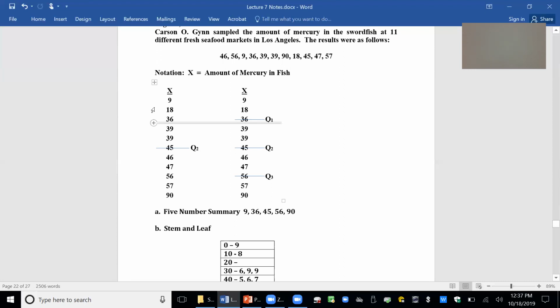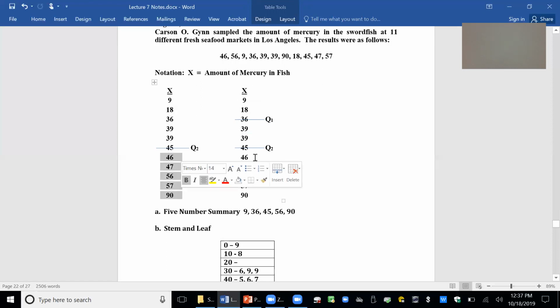Okay, halfway at 11 in our sample, so that cuts it in half. If I take this group of 5 here and treat it like a separate little sample, what's the median of that group? 36. If I take this group here, what's the median of this group? 56. That's Q1, Q2, and Q3.